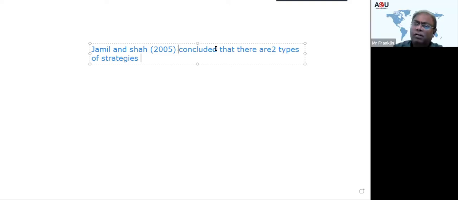Or you can even say words like argued. "Jamil and Shah argued that there are two types of strategies." Argument, for example, is not a conclusion, but maybe they are discussing it. So argued, these are the kind of words you use. Don't say "Jamil and Shah stated" or "said."